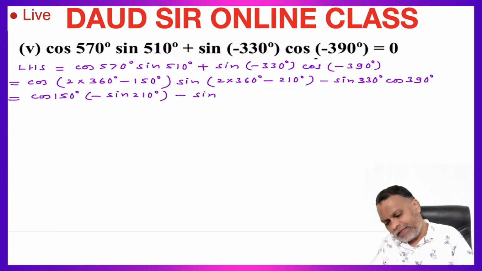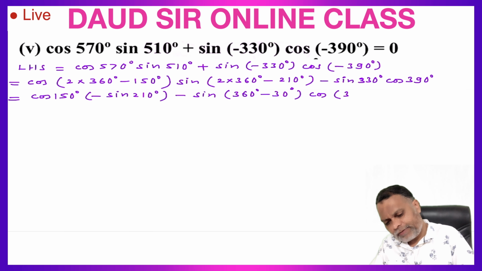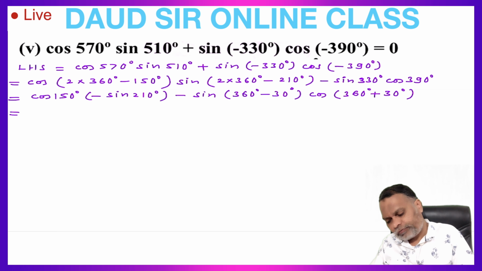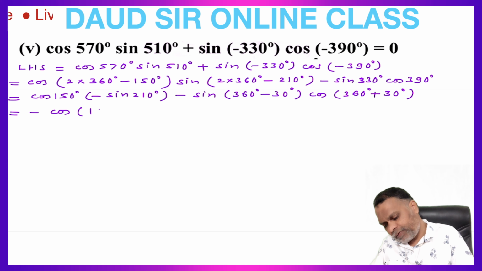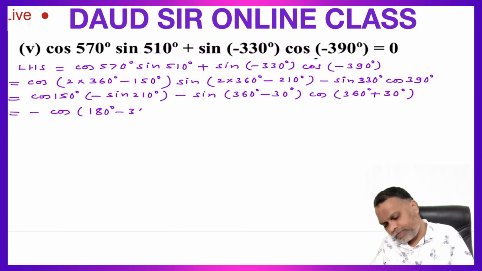Minus sin 330 can be written as 360 degree minus 30 degree into cos 390 degree can be written as 360 degree plus 30 degree, which is equal to this plus minus minus cos 150 degree can be written as 180 degree minus 30 degree. This sin 210 can be written as 180 degree plus 30 degree.